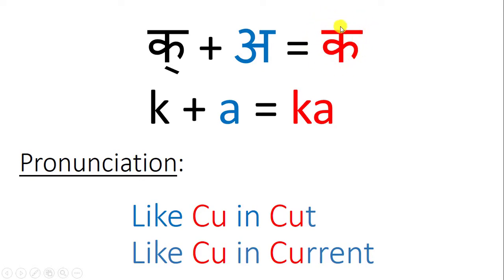It is not required to know this formula. It is difficult to pronounce the half consonants, as you will know if you have seen the lesson meant for half consonants. So it is not necessary to know this. Just know the sound.